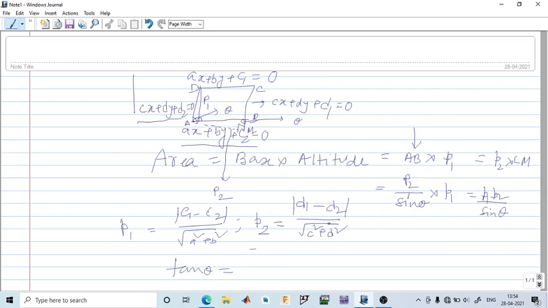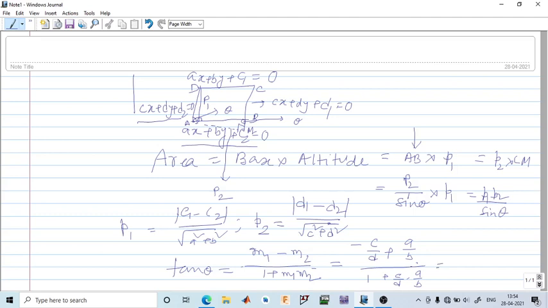For two lines the formula is tan theta equals m1 minus m2 over 1 plus m1 m2. So we write minus c over d plus a over b over 1 plus c over d into a over b. This is the equation.